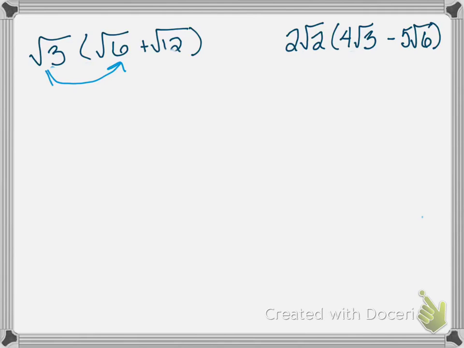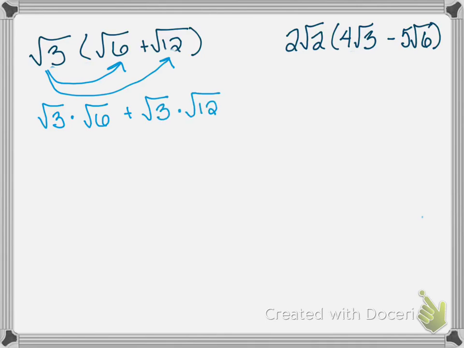Then I'm taking the square root of 3 and I'm multiplying it times the square root of 12. So I have the square root of 3 times the square root of 6 plus the square root of 3 times the square root of 12. Square root of 3 times square root of 6 is the square root of 18. Square root of 3 times square root of 12 is the square root of 36.